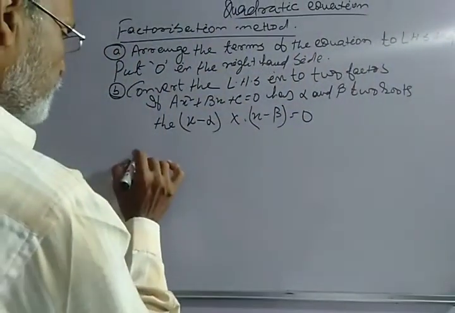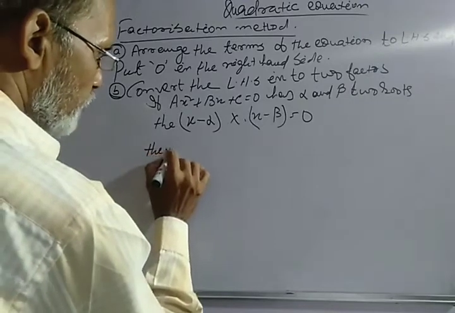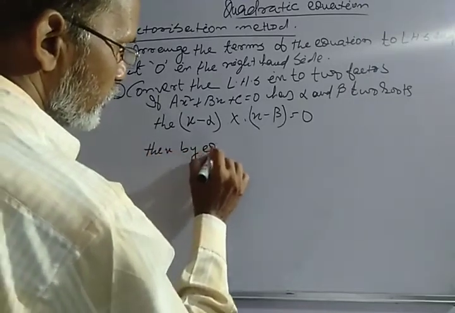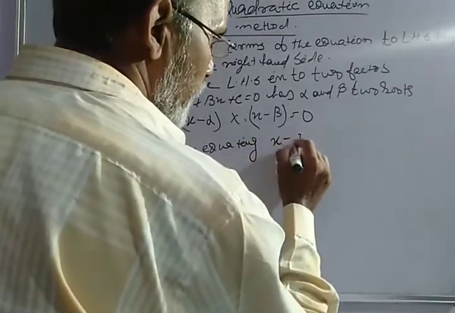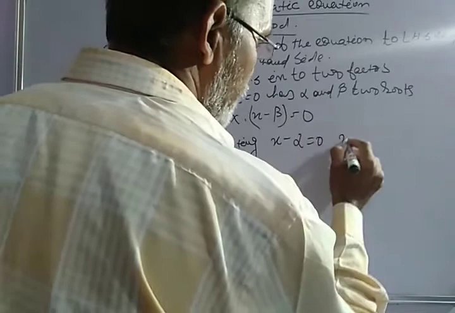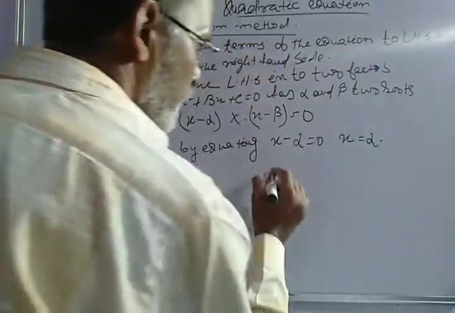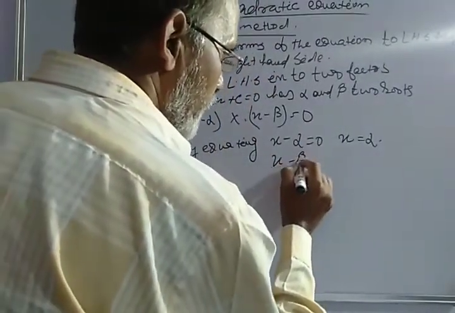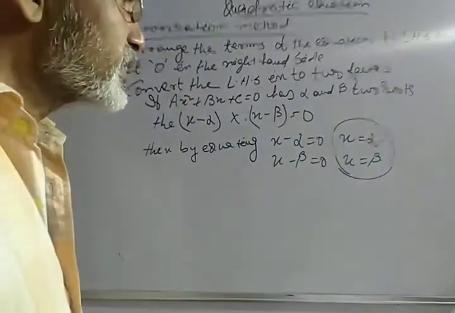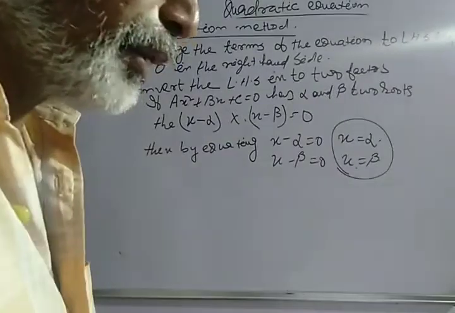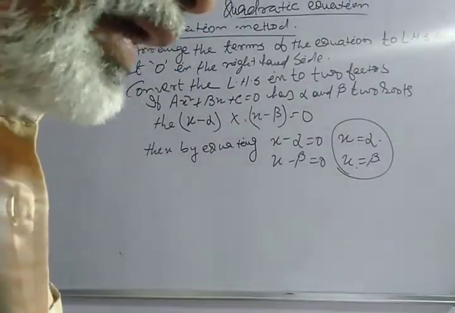Then by equating, x minus alpha is equal to 0, we get x is equal to alpha. Similarly, x minus beta is equal to 0, we get x is equal to beta. So these two are the roots, the answers of the given equation, alpha and beta.